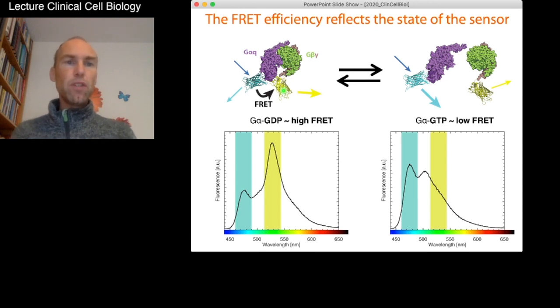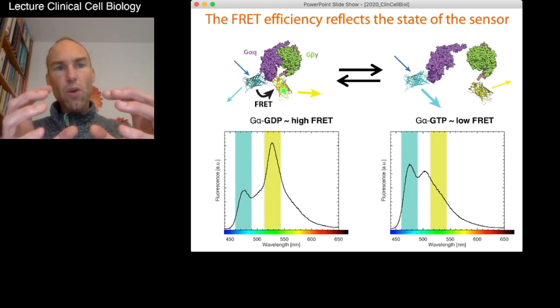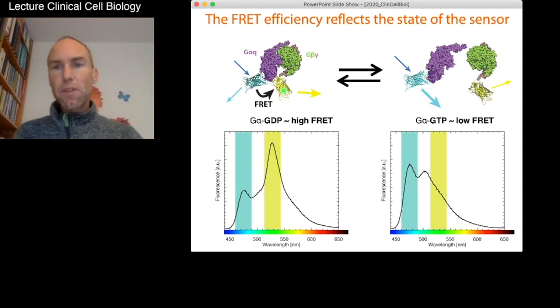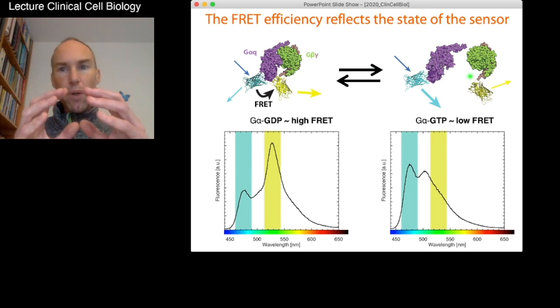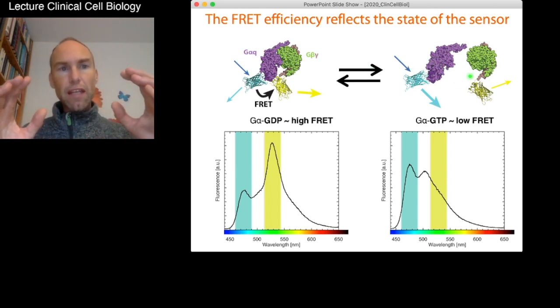Now, if this protein complex is in a resting cell, it's not active, and the complex is associated. Now what happens when we activate the heterotrimeric G protein? The alpha subunit binds GTP and the protein complex dissociates. And now the distance between the two fluorophores becomes bigger and we get a loss of FRET.